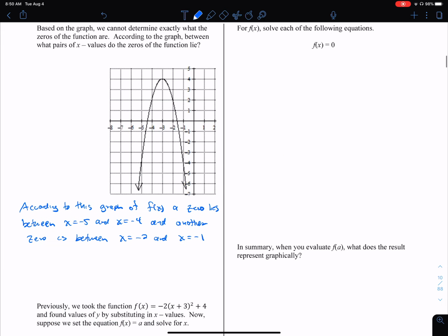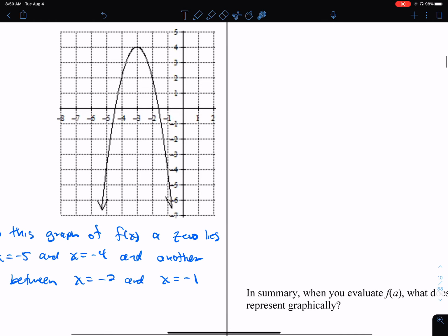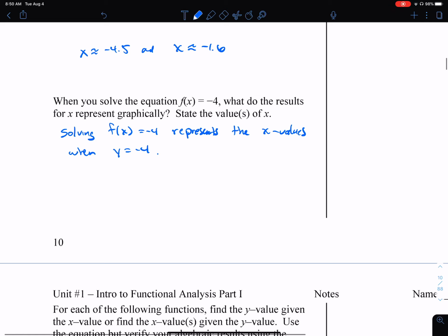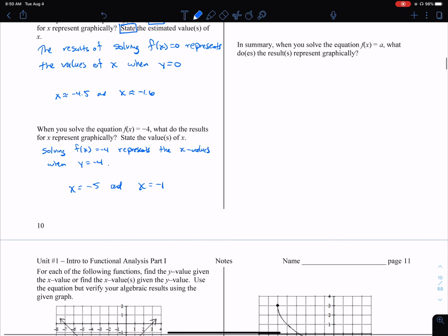State those values. So that would be x is -1 and x is -5. All right, moving on.